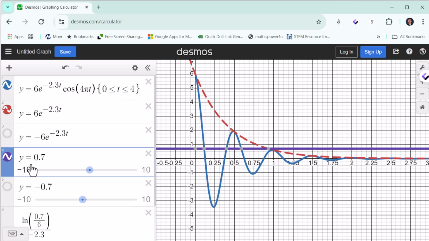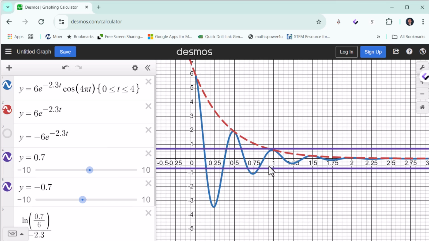We already have y equals 0.7 graphed, but we also have to graph y equals negative 0.7. Anywhere between these two horizontal lines, we can say the absolute value of the displacement would be less than 0.7. So we're looking for the time after which the absolute value of the displacement is less than 0.7.